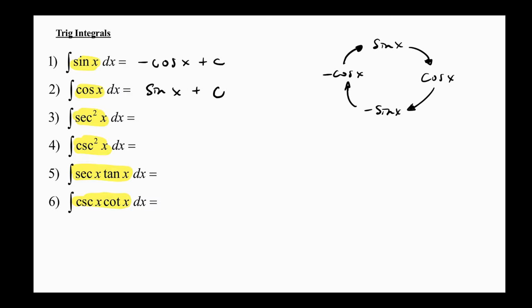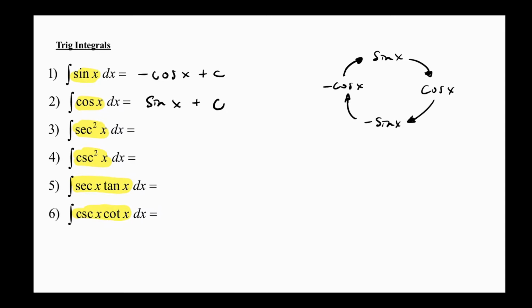It was the derivative of tangent. So if the derivative of tangent is secant squared, what's the antiderivative of secant squared? Tangent. Last semester we were going one way. Now we're going the other way.